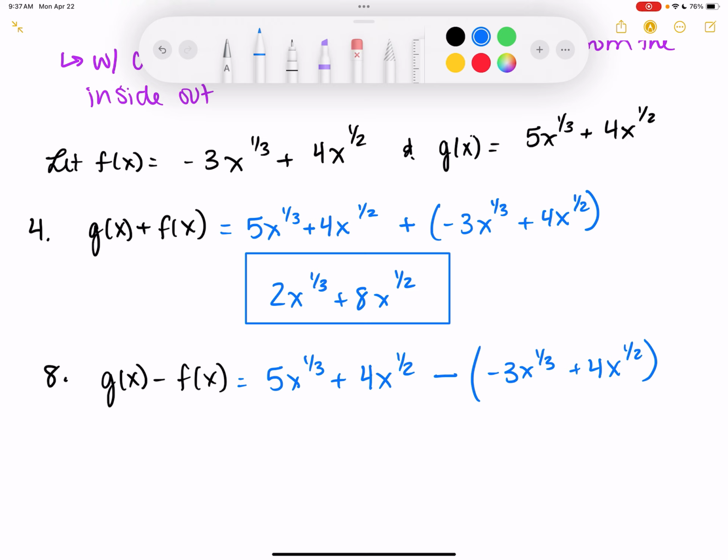Still combining like terms: 5x^(1/3) minus a negative, so that's going to be plus 3x^(1/3), which gives 8x^(1/3). And then 4x^(1/2) minus 4x^(1/2) is just 0. So this becomes 8x^(1/3).